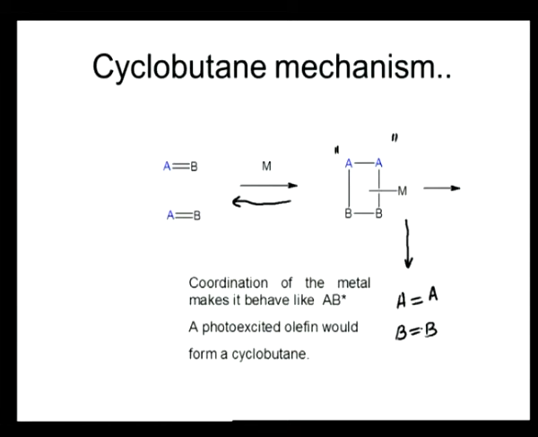And so, in a sense, they behave as if they are photoexcited molecules. And if you recollect your organic chemistry, you will realize that photoexcitation can lead to a 2+2 cycloaddition reaction, and that is exactly what we are proposing in the course of this reaction. So, we are suggesting the formation of a cyclobutane in the coordination sphere of the metal and its cyclo-reversion.